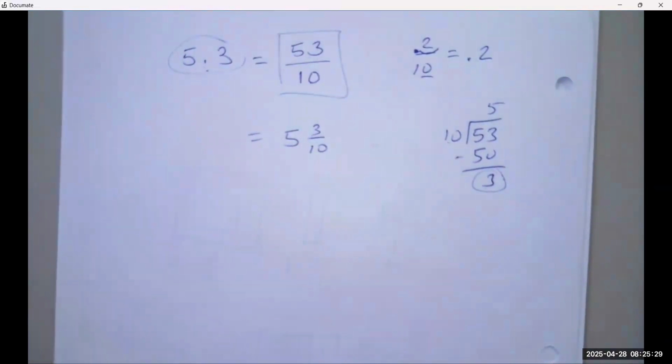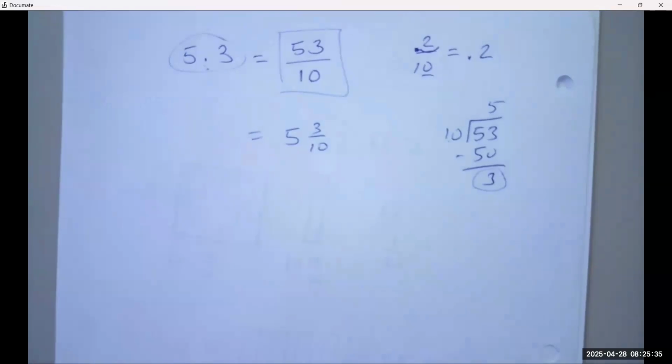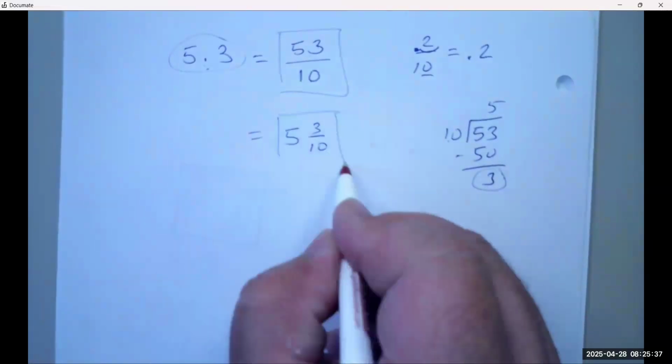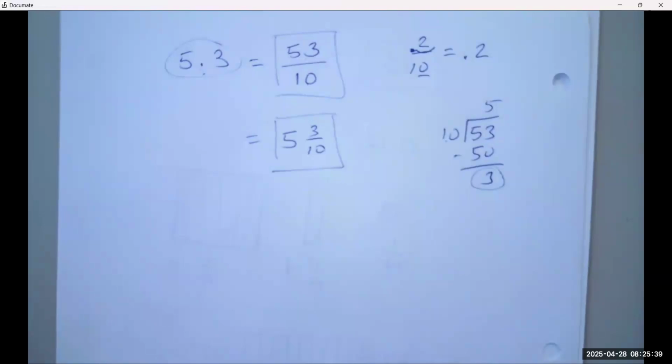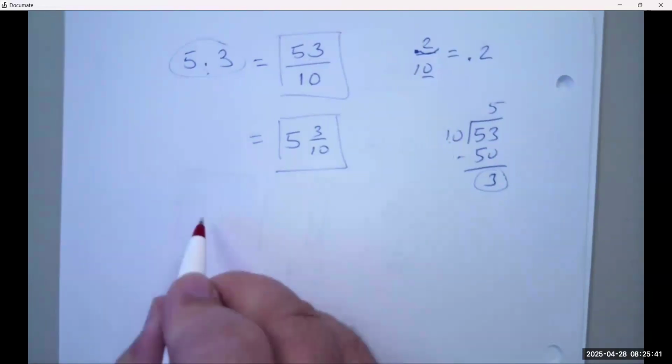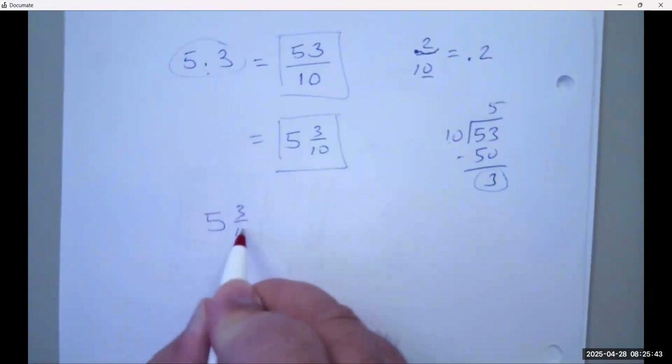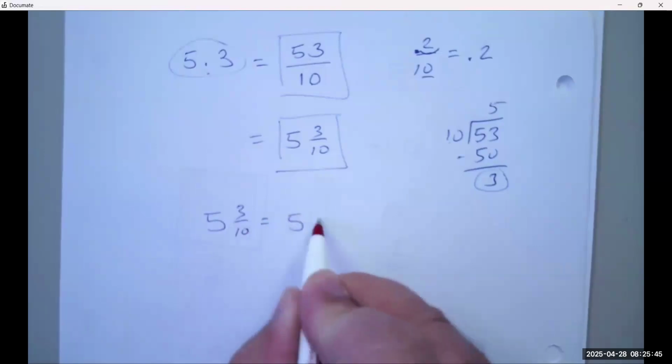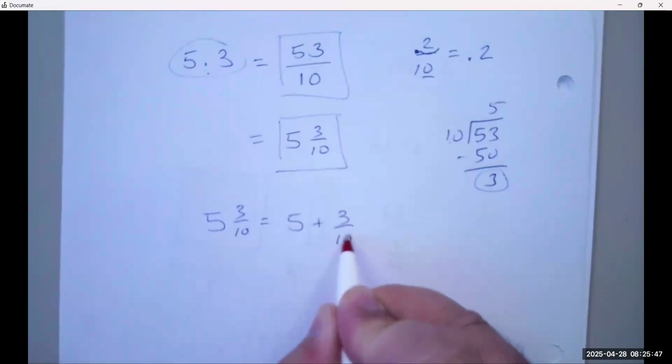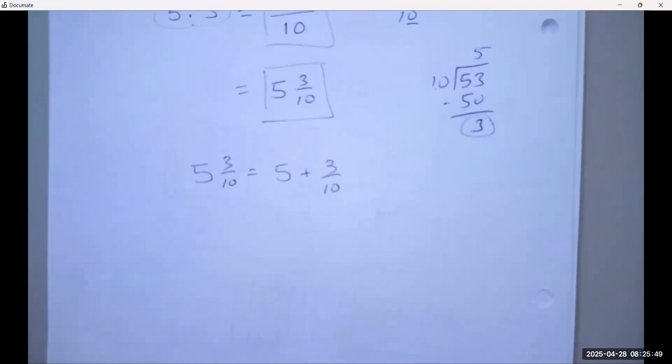Because now what you could do, you could make this connection here. There's another connection you can make. Remember how we used to expand mixed numbers? We expanded mixed numbers by adding the integer and the fraction.